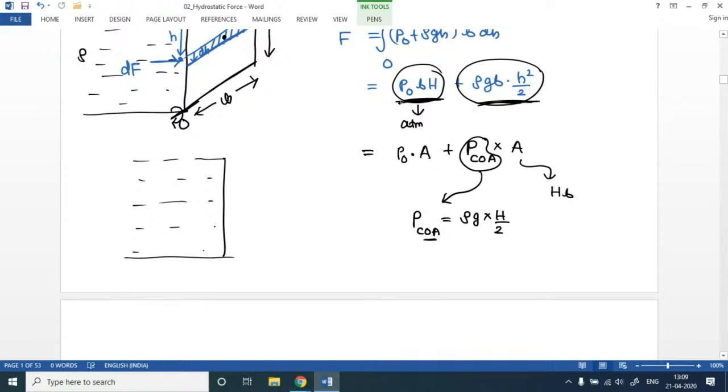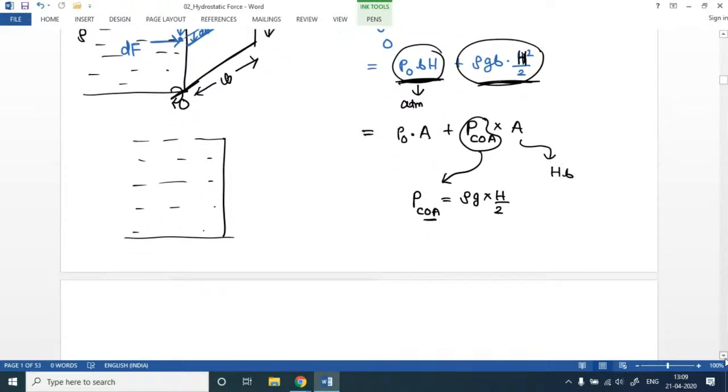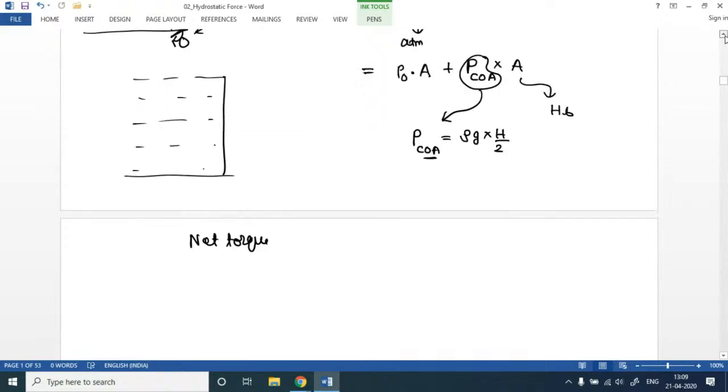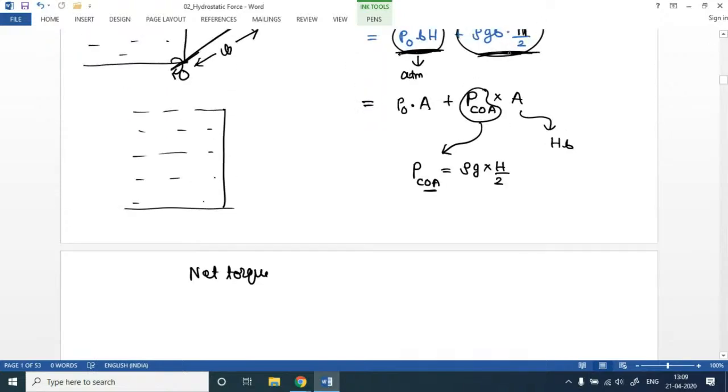Since that is a constant force, the point of application does not depend upon, let's say, for example, if we find the net torque, net torque due to this component and net torque due to this component, I wish to find out.